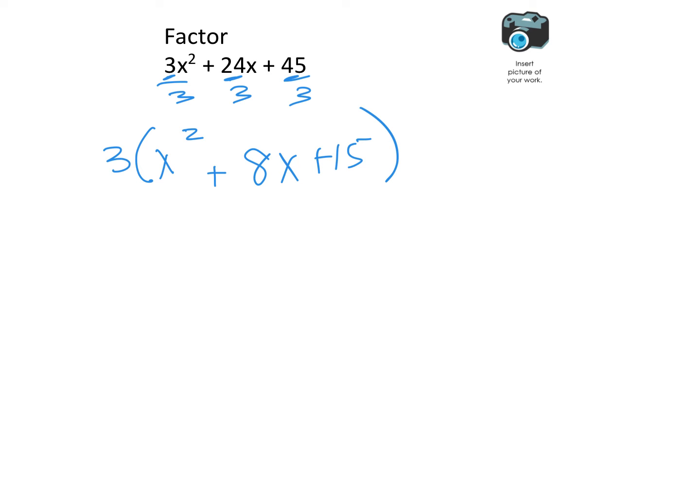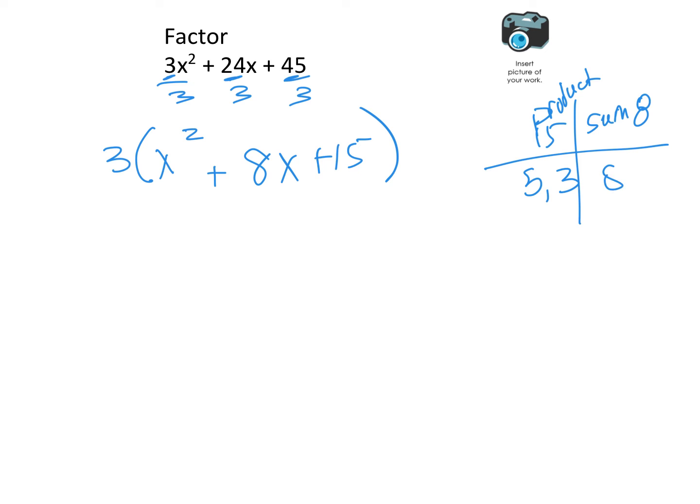Okay, this is an A of 1, so a product of 15 whose sum is 8: 5 and 3. So I don't need to spread it apart because I know it's going to be x plus 5 times x plus 3 because that's how we did it the last one we did.